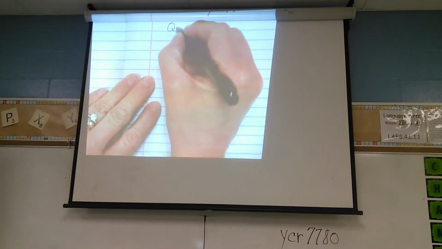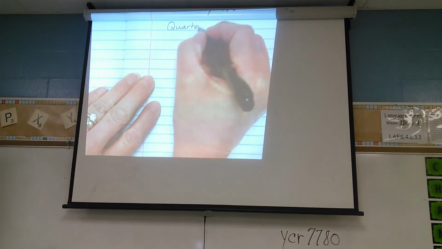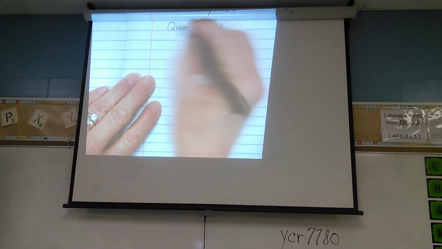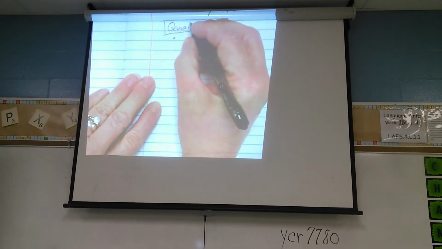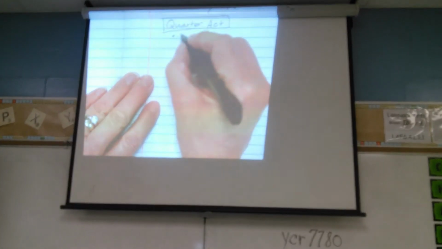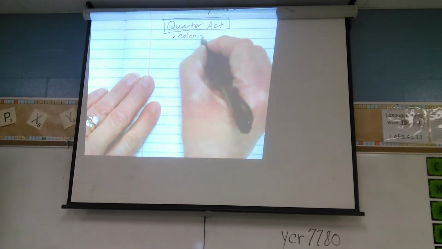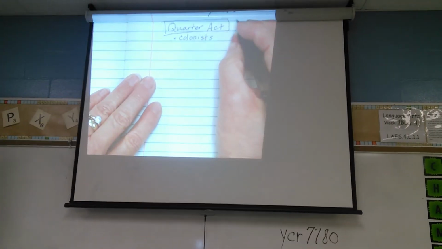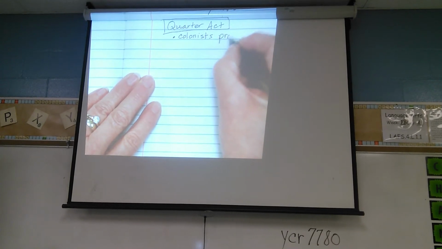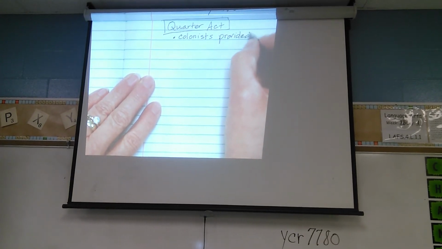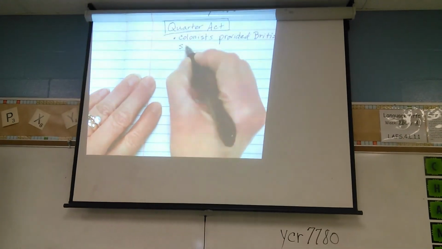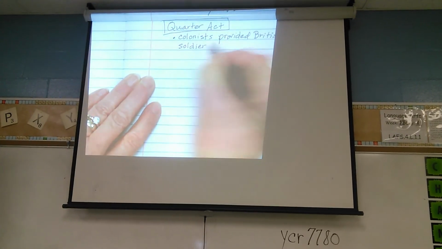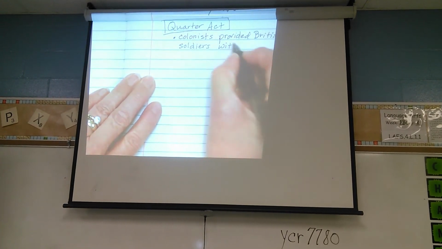You have the Quartering Act in your box, and your bullet is that the colonists provided British soldiers with a place to live.